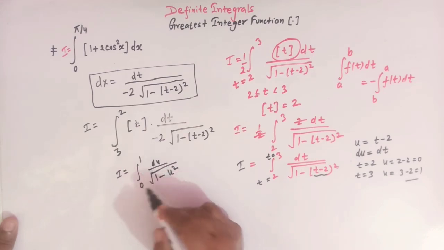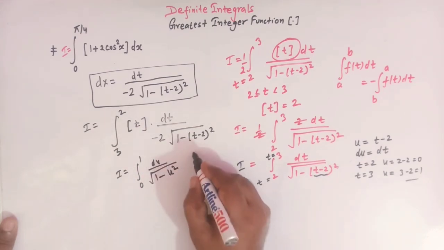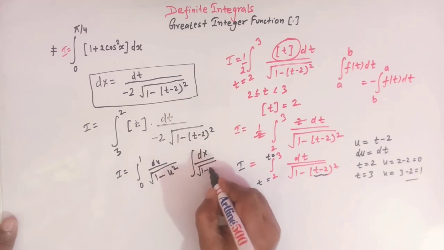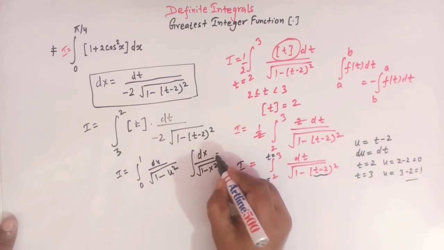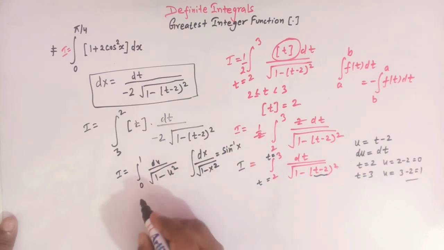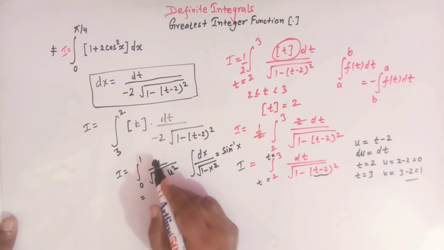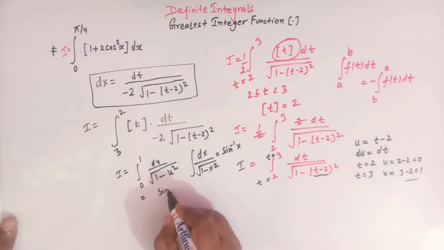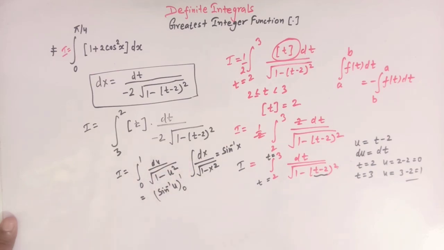And from indefinite integrals we know that the integral of 1 over square root of 1 minus x square is equal to sine inverse x, right? So here the integral of 1 over square root of 1 minus u square is sine inverse of u, and the limits of integration are from 0 to 1.